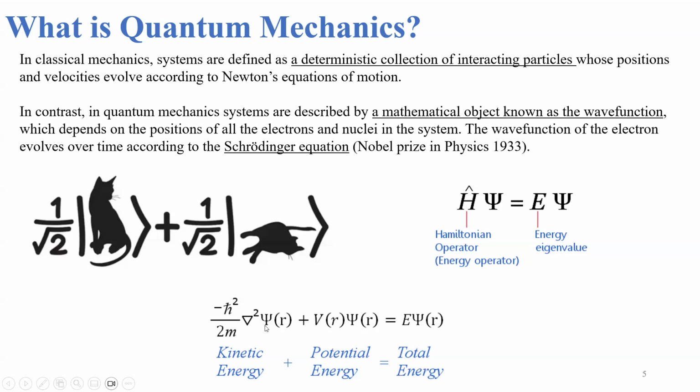In this part on the left-hand side, we see the kinetic energy, which is the second derivative of the wave function, and the potential energy, where the wave function is a function of the position of the particle and its potential profile, and that gives the total energy. So all the things that we learned in previous modules about linear algebra and differential equations can be very handy for such applications.